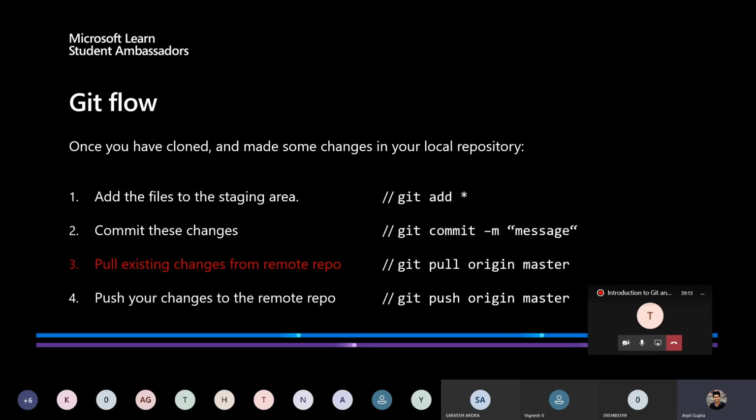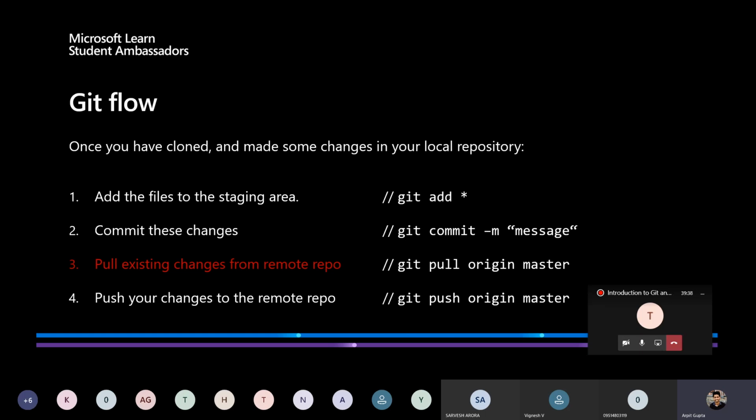If both of you push the changes at that point of time, Git will get confused about whose changes to keep, since you both have edited the same file. So it is a good practice to always pull the changes before you push, so that your local repository is always updated with the latest changes.